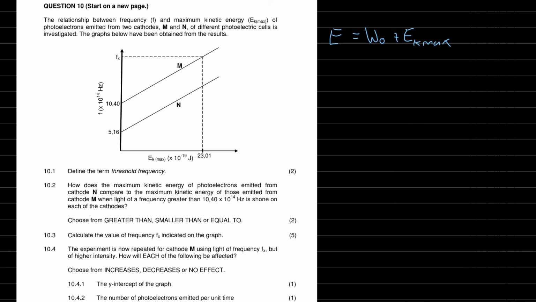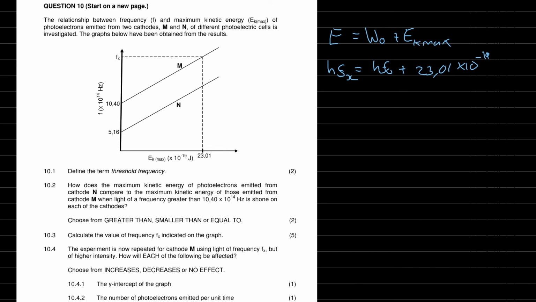We can break this down to hf, and that f is going to be fx, right? Phi is h f0 plus EK max, which they've given us as 23.01 times 10 to the negative 19.